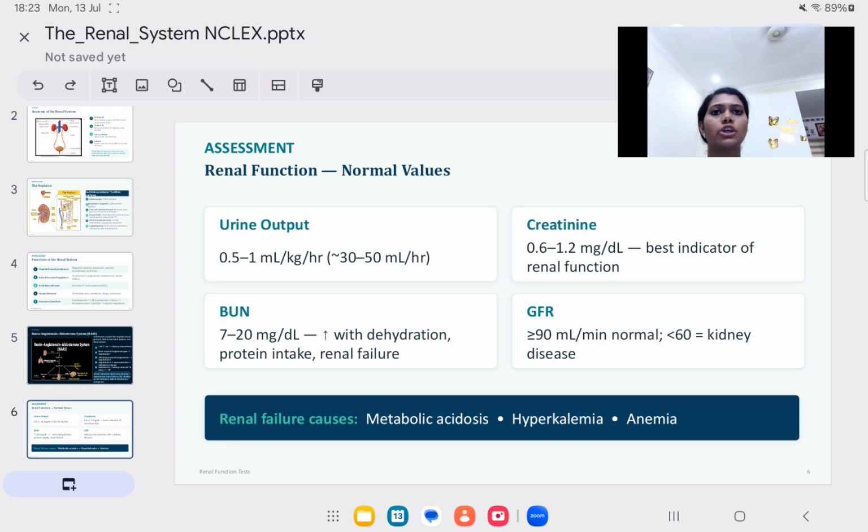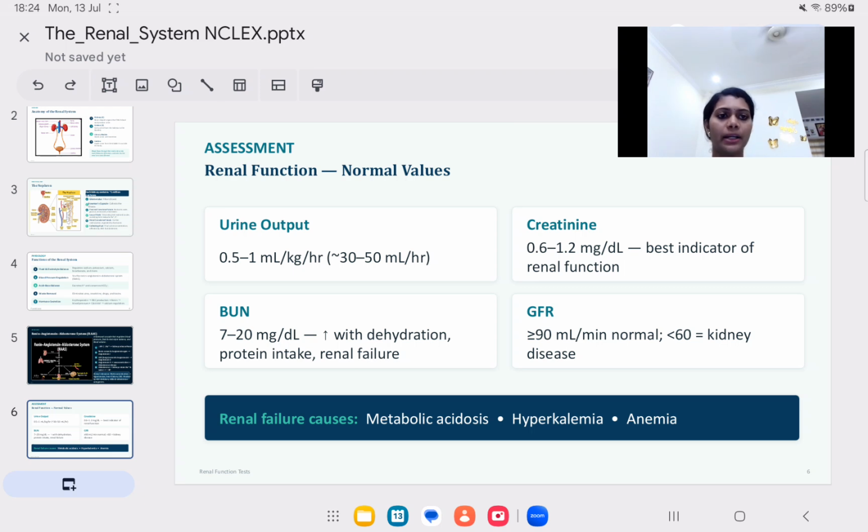This is the best indicator of renal function. If it is in the normal range, we can find that the kidney is working properly. If the amount is increased in our body, the kidney is not functioning properly and the waste products are accumulated in our body.